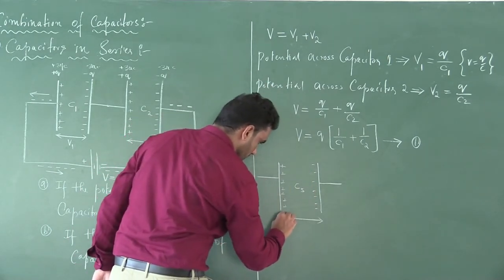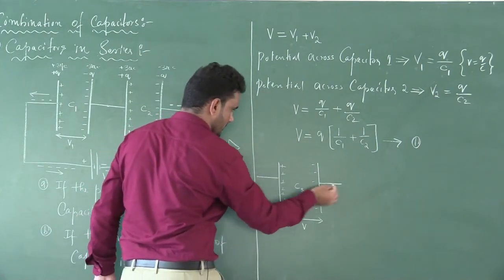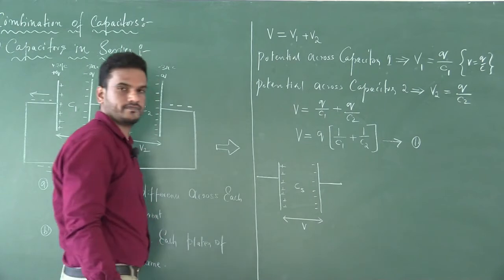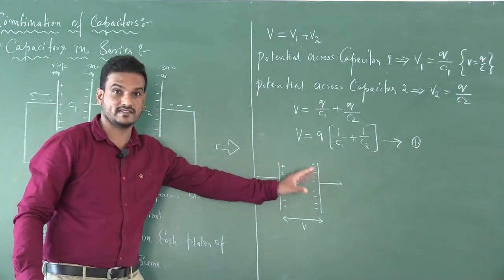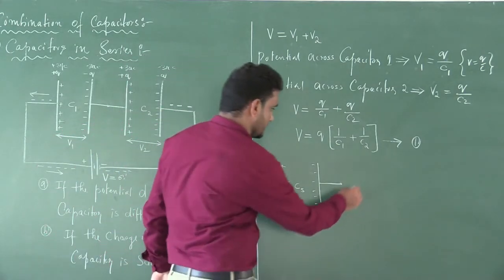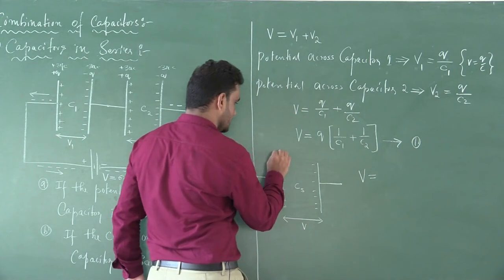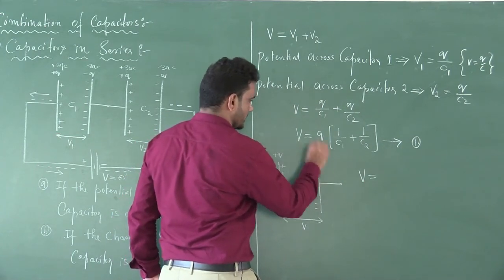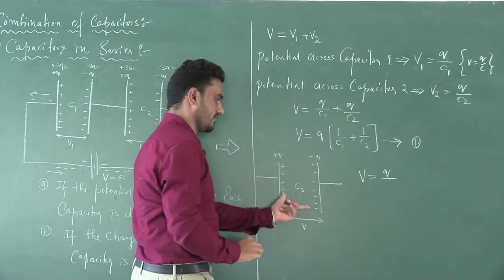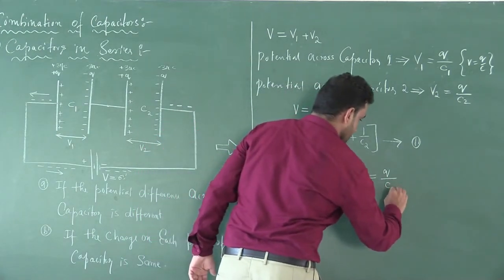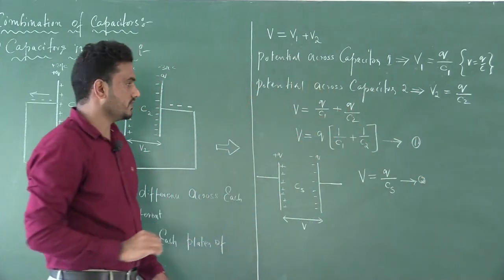So the potential is V. Now what is the potential across this capacitor, that is the effective capacitor? That is V is equal to, what is the charge? The charge is the same, plus Q minus Q. So Q divided by what is the capacitance of this effective capacitor? That is CS. We shall mark it as equation number 2.